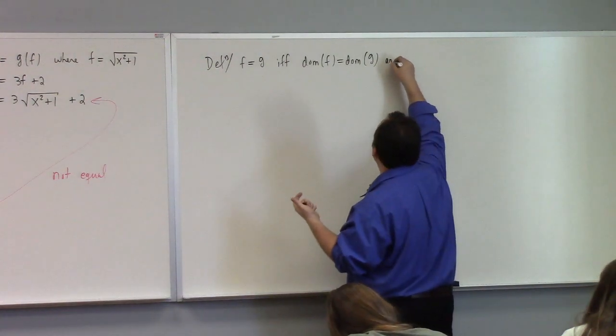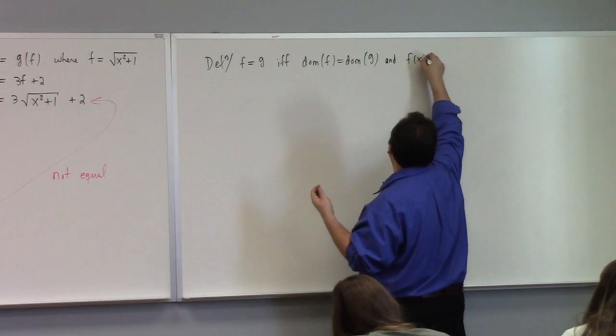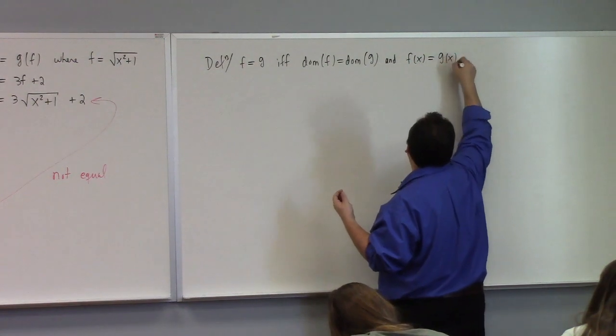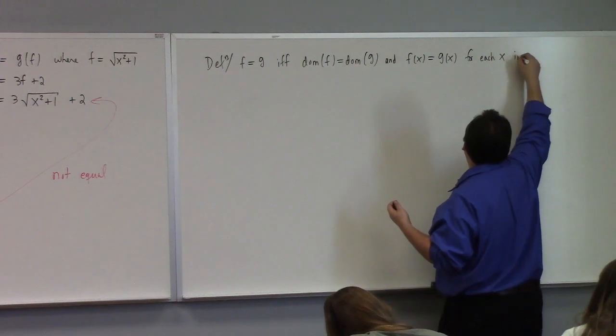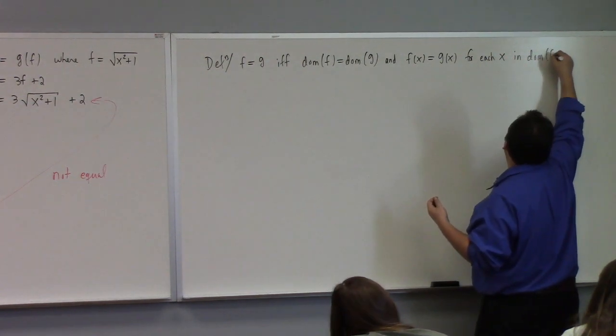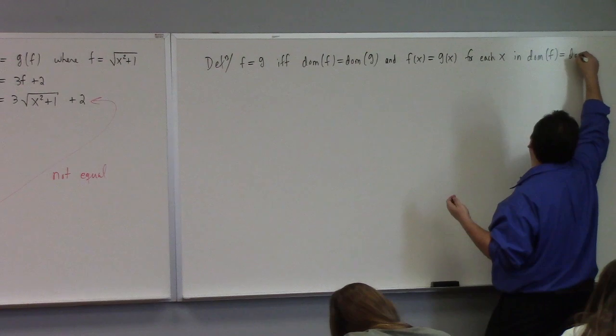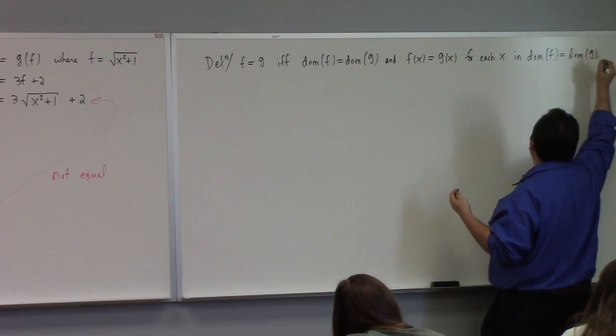And f of x is equal to g of x for each x in the domain of f, which is equal to the domain of g, just to beat a dead horse here.